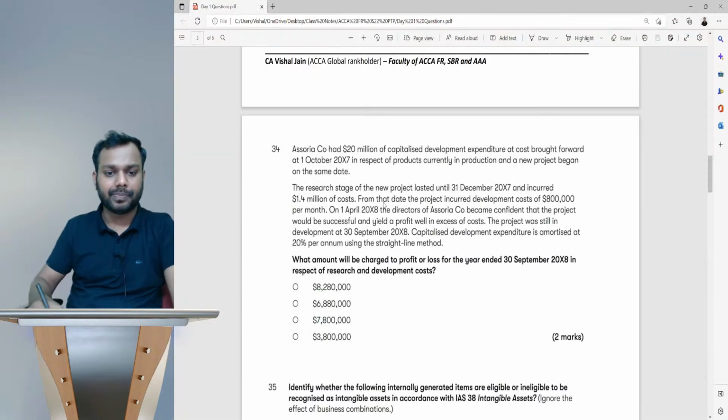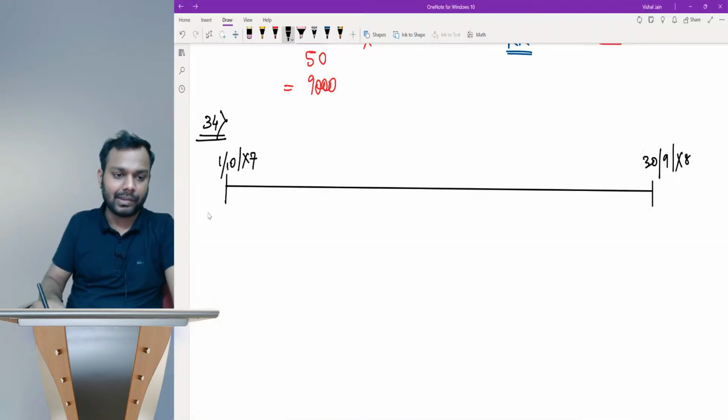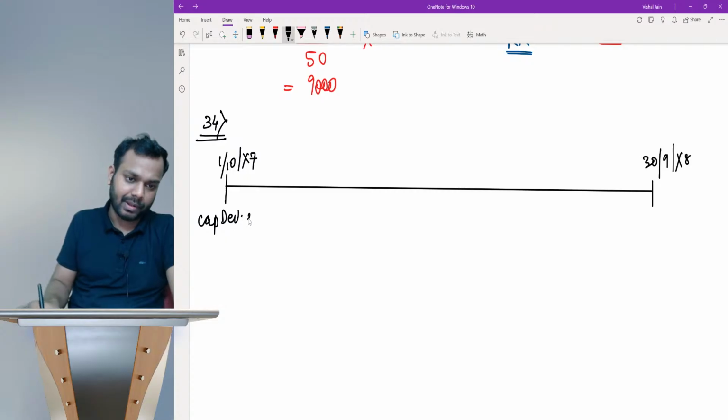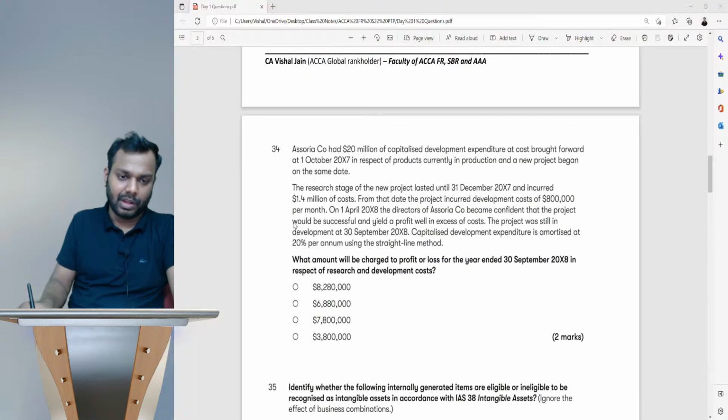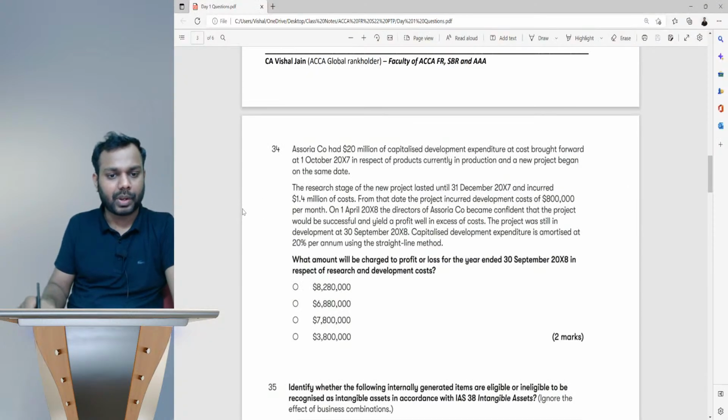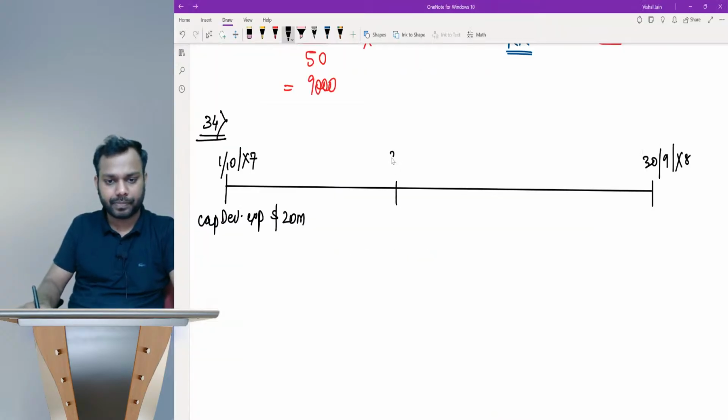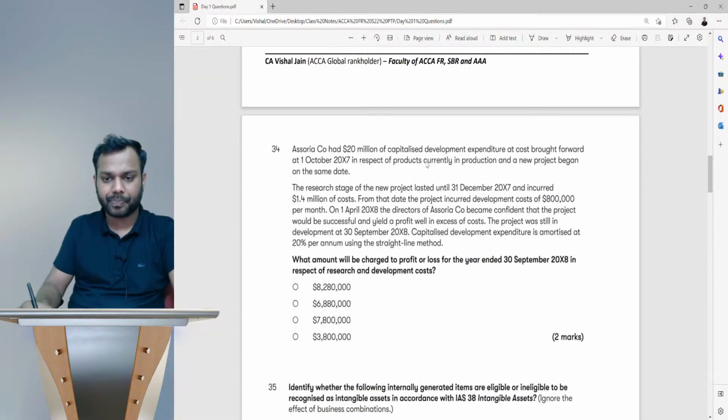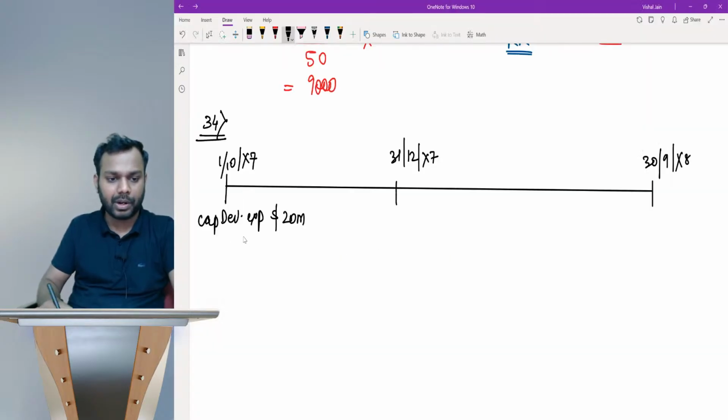It has capitalized development expenditure of $20 million. The research first phase of this project began on this date itself and lasted till 31st December, and incurred 1.4 million costs.